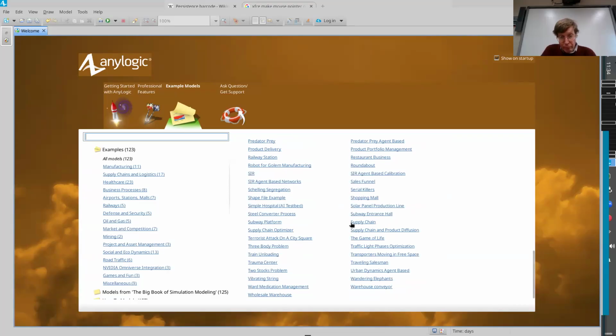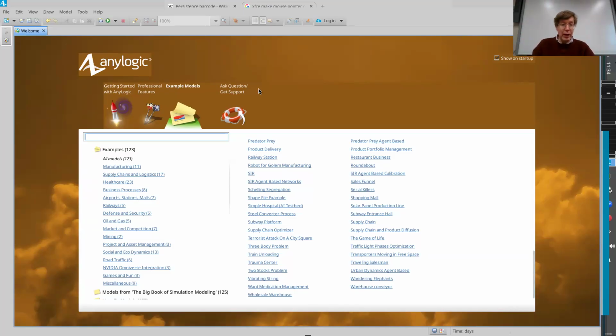Now, I'd like you today to go to this one called SIR agent-based calibration. We're going to explore it as given, but we will further be working to modify this model in some ways as time allows, to secure better understanding of how model structure impacts model calibration, the ability and fidelity with which we can calibrate a model.